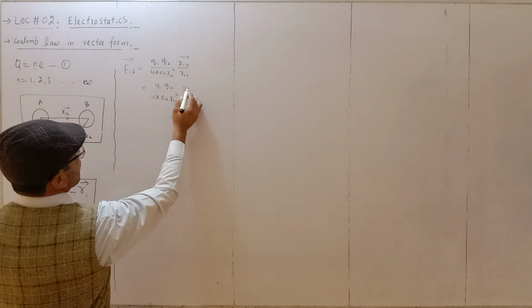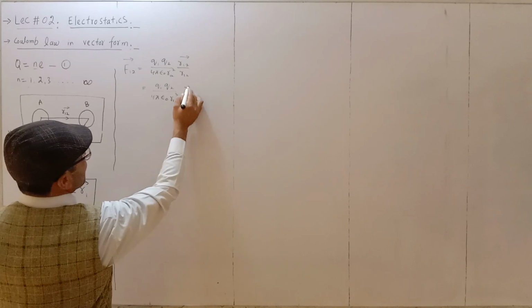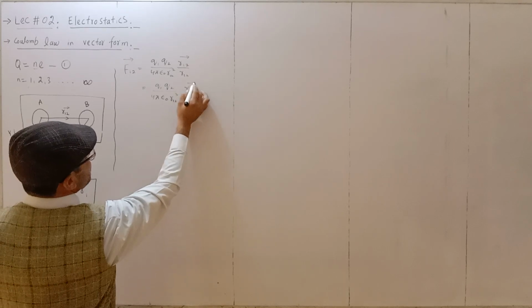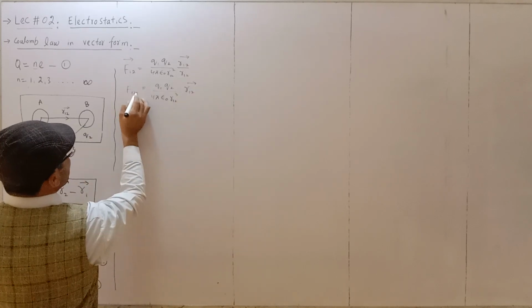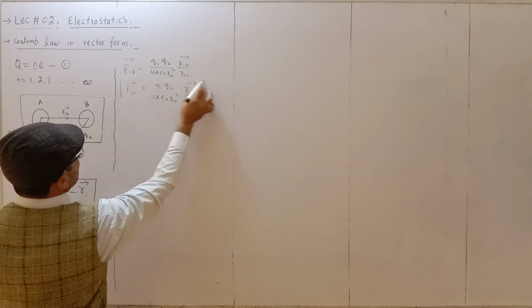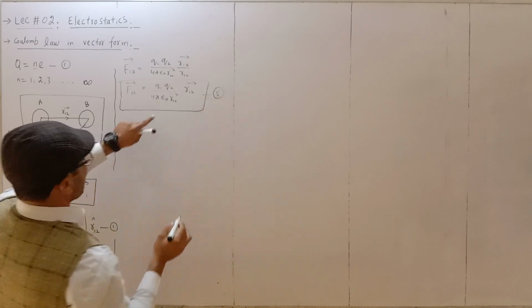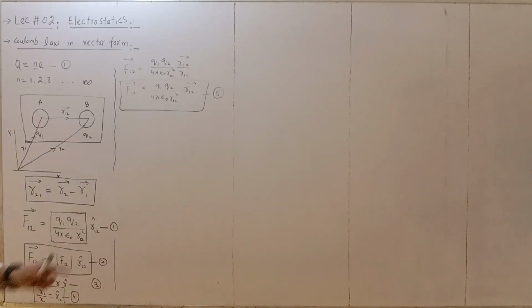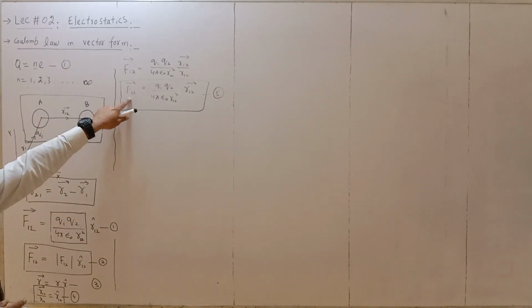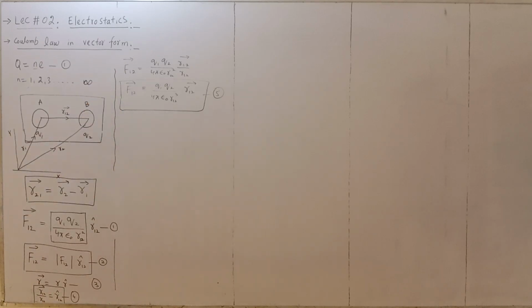And here I will use the vector R12 F12. So equation number 5 represents the vectorial form of the electrostatic force which results from Coulomb's law.